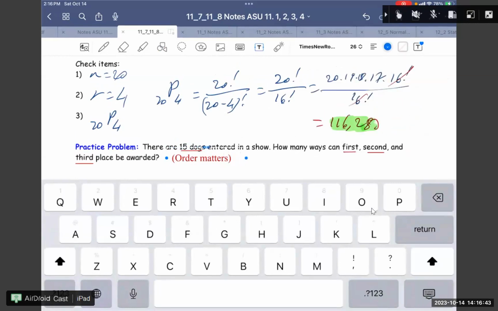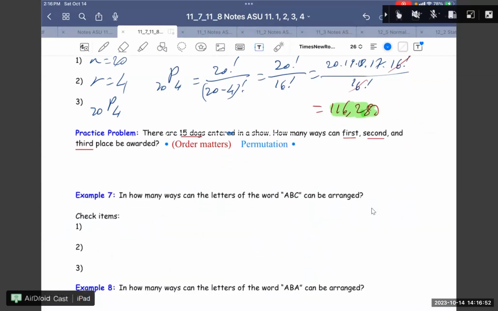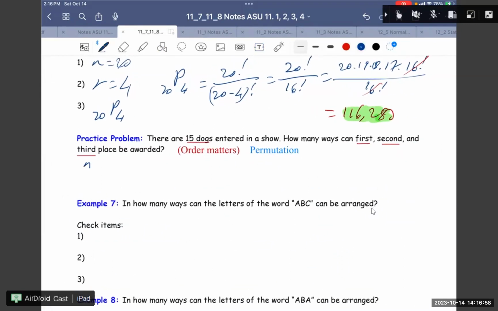So if the order matters, this one is a permutation. So N is 15 and R is 3. So this one is 15 pick 3.